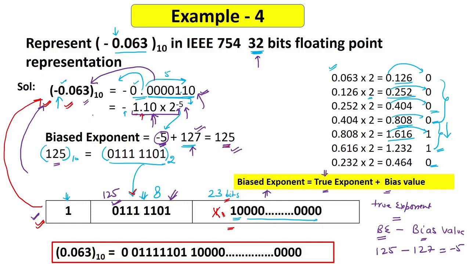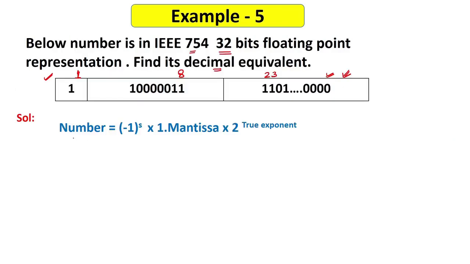The same procedure I will apply in our given question. So basically my decimal number will be of this form. This is the normalized form that we have seen. Here you can see my normalized form will look like (-1) to the power s into 1 point Mantissa into 2 to the power true exponent, and we have seen this in the previous example also. So actually my number will be minus of 1 point.